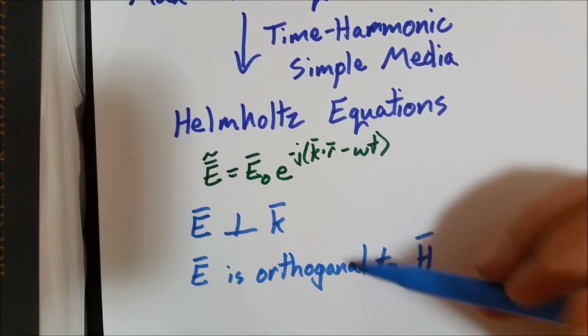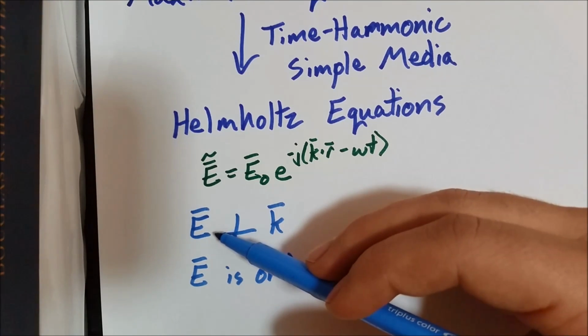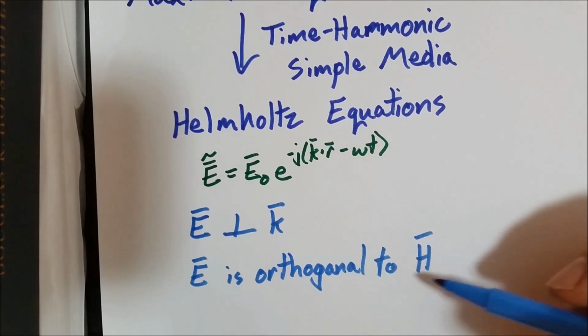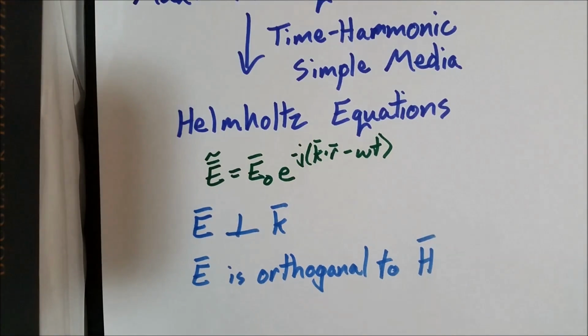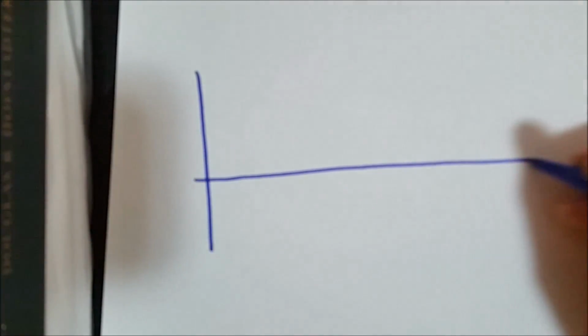Knowing that these three components, the electric field, the wave vector, and the magnetic field, are orthogonal, they follow the right-hand rule quite nicely, actually.